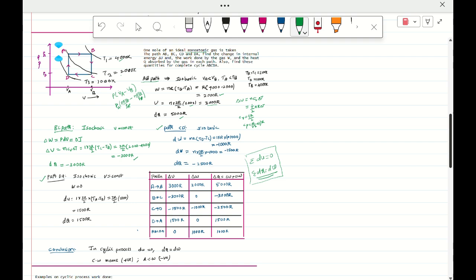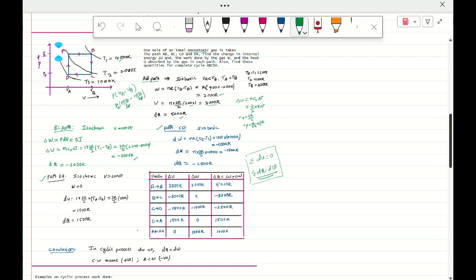Because here one more question you will ask. For example, A to C. The A to C sigma Q is 2000, right? Means plus 2000. And C to D to A is minus 1000, right? That means here heat is released. ABC is absorbed, meaning transferred.